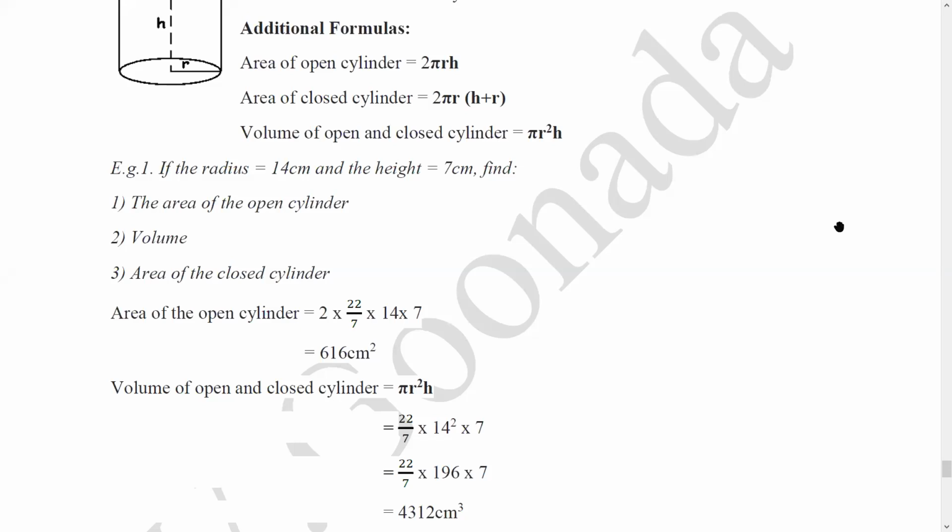No. They're asking us for the closed cylinder, so you have to use this formula here. If we are given this formula, we just have to substitute these values. We are given the radius, we are given the height. I taught you all substitution in the first term, so you were supposed to know how to do that, right? But I'll explain for you just now.